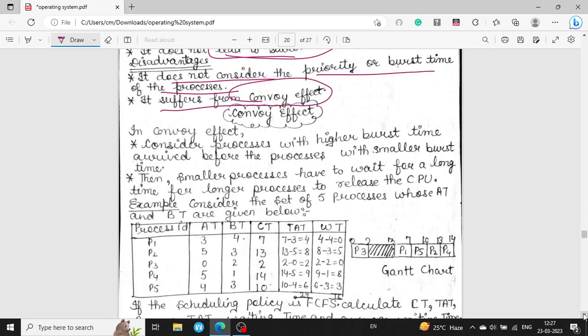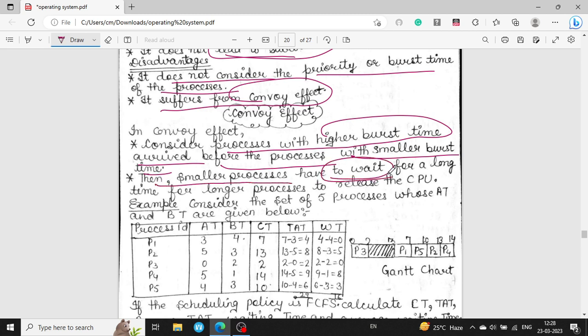In the convoy effect, processes with higher burst time arrive before processes with smaller burst time, so the smaller processes have to wait for a long time for the longer processes to release the CPU.